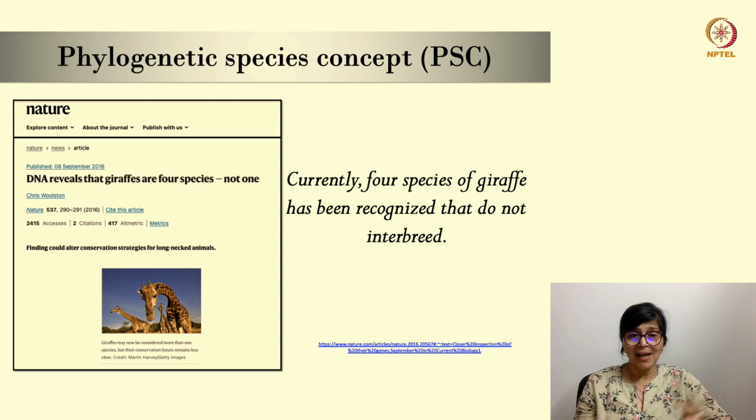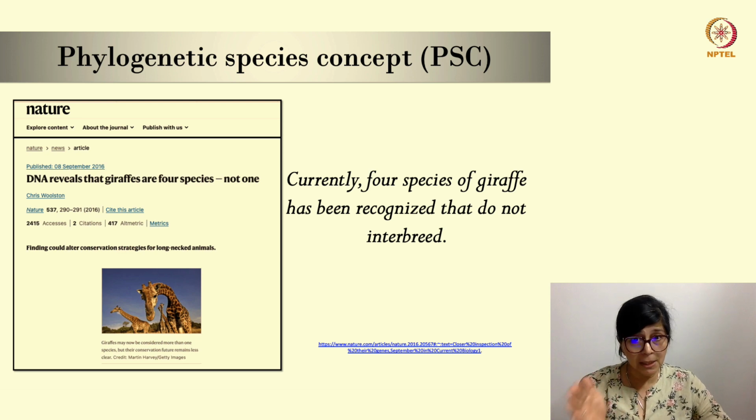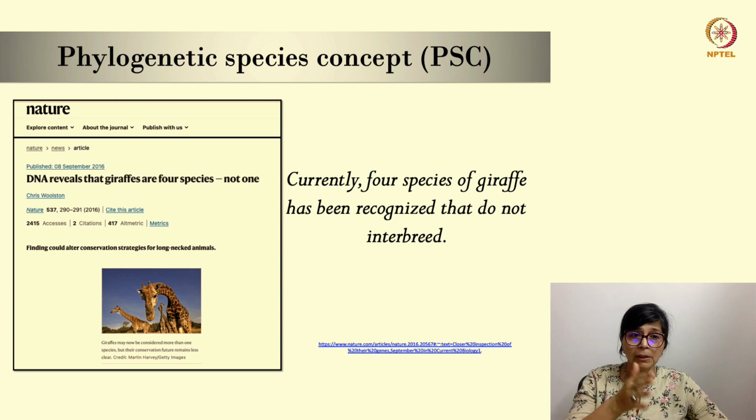Till now we saw Giraffa camelopardalis as only 1 species, and the rest were considered subspecies. But in 2016 they declared that it cannot be considered the same species anymore, because these 4 species of giraffe, which are now recognized as separate species, do not interbreed anymore.